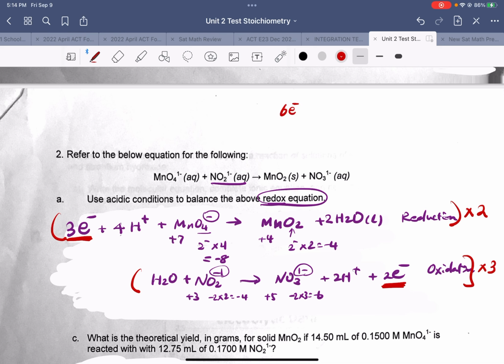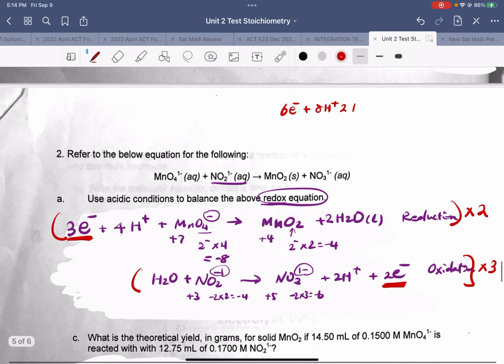So you have 6 electrons plus, times 2, so 8H+ and 2 MnO4-, that's 2 MnO2 plus 4 H2O.